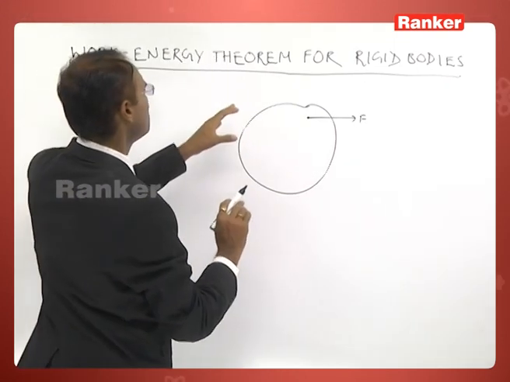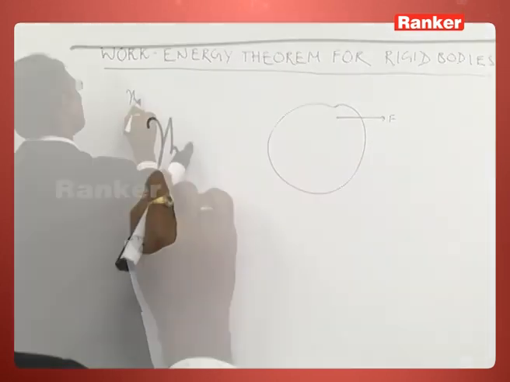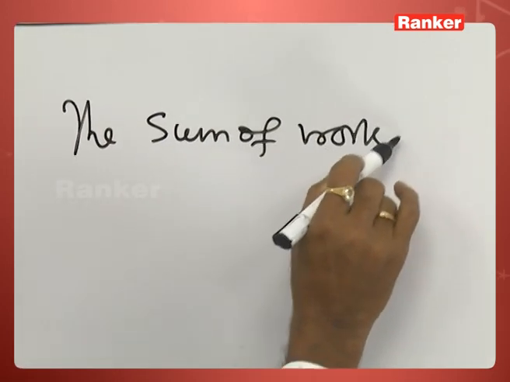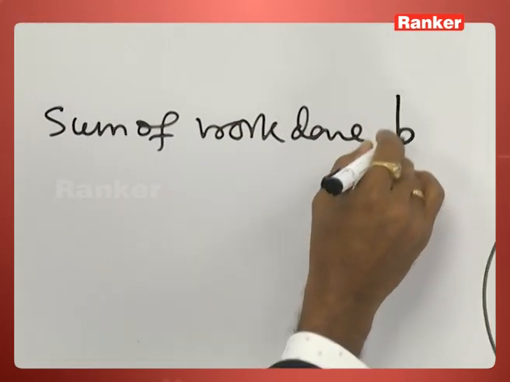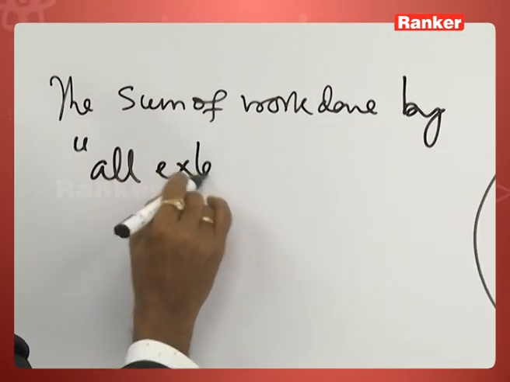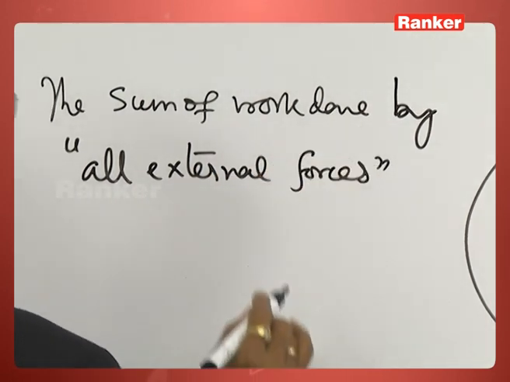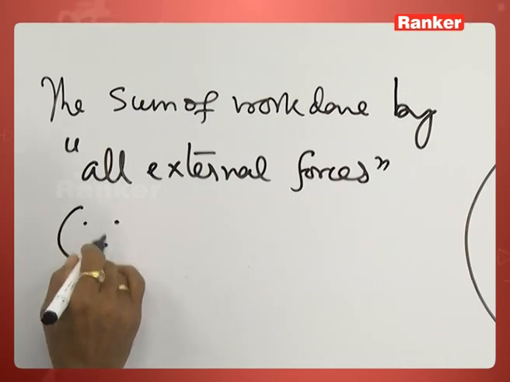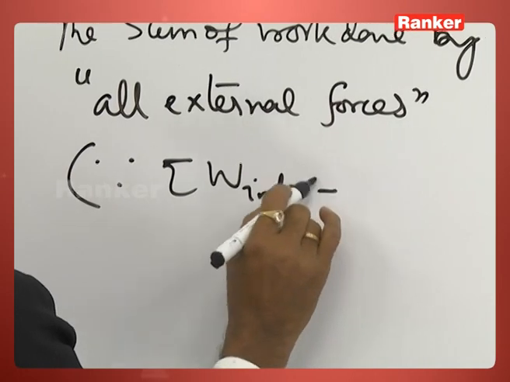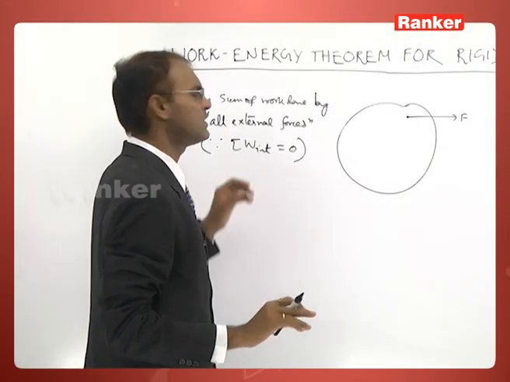The work energy theorem for rigid bodies states that the sum of work done by all external forces, because the sum of work done by all internal forces for the rigid object is 0.